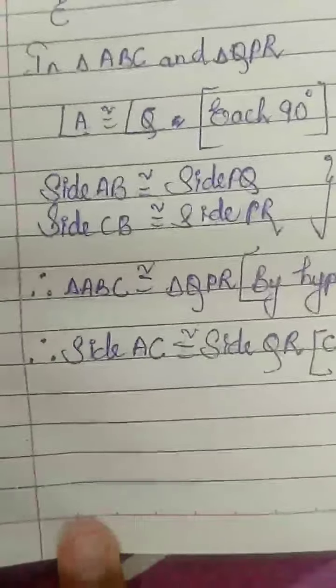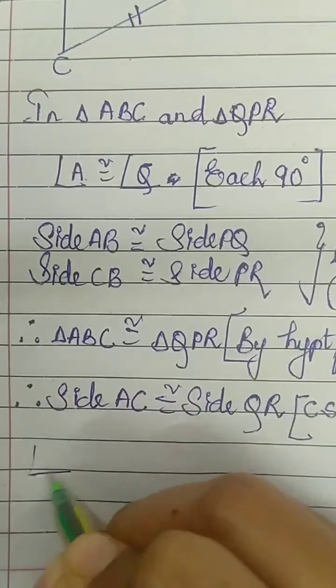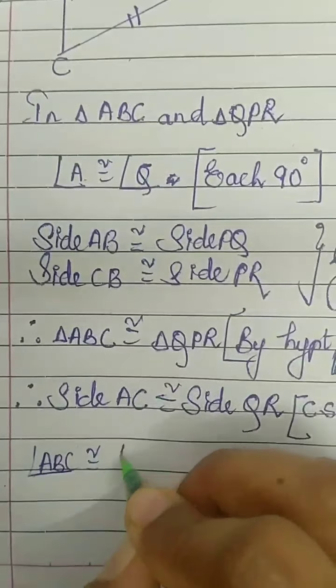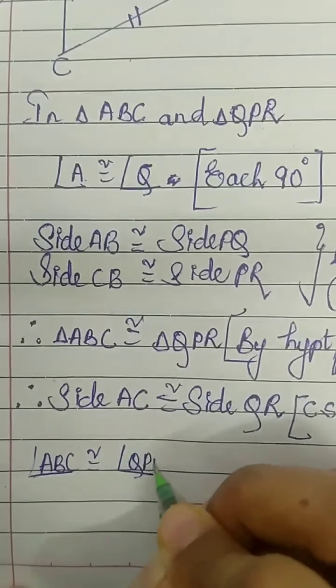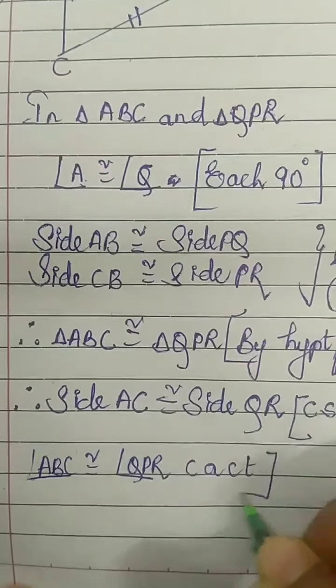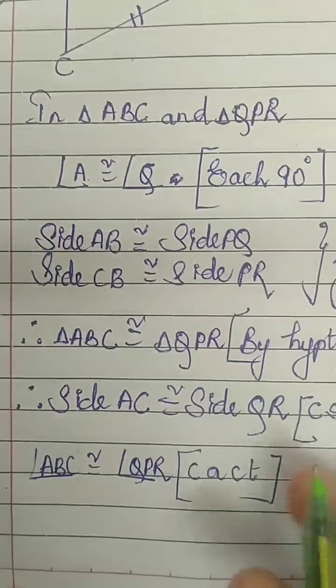Same way, next you will write angle ABC congruent to angle QPR. This is CACT, corresponding angles of congruent triangles.